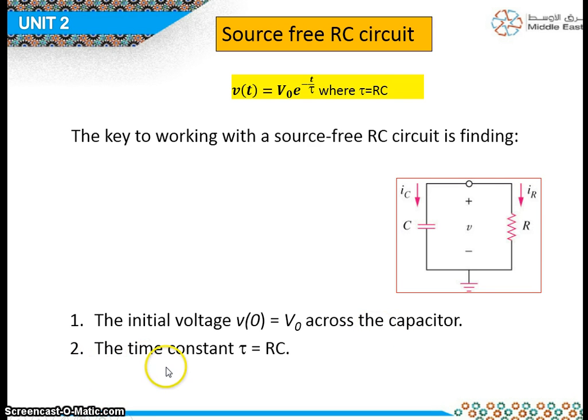The second information required is the time constant, which is equal to RC, because that is responsible for the decay curve, the exponential decay curve. So if you know these two pieces of information, that is V0 and the value of tau, we can calculate the voltage across the capacitor at any specific time.